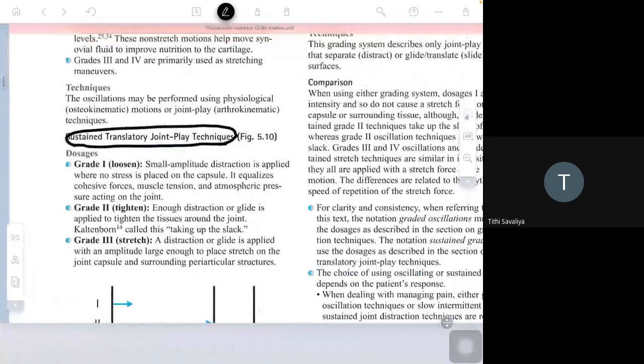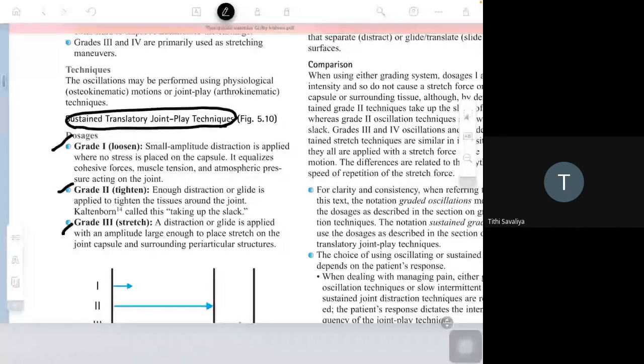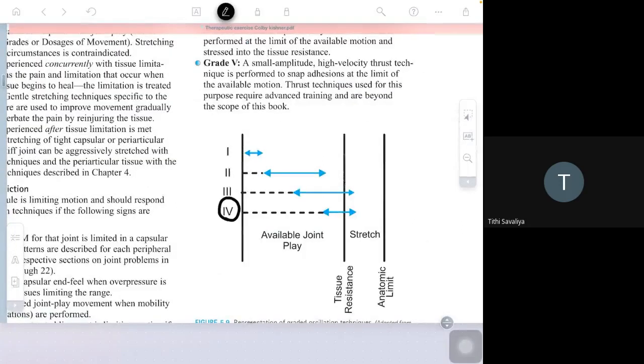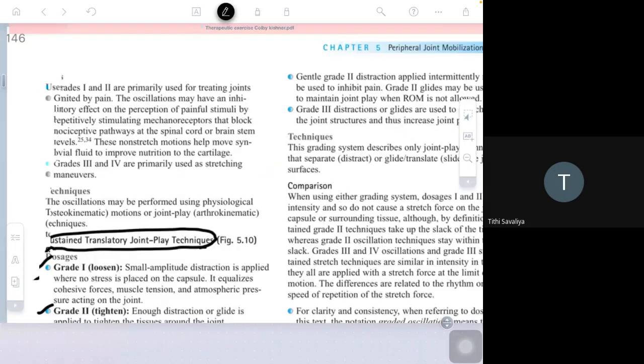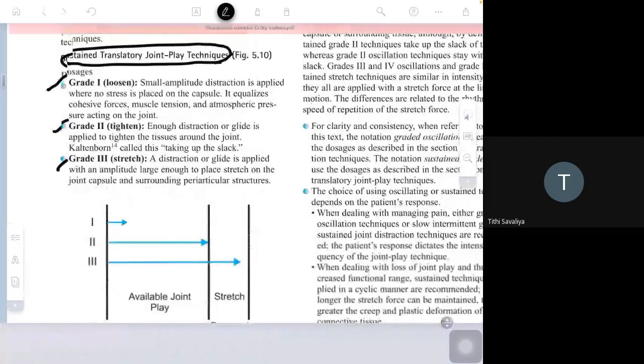So first you should know about the technique. There are three grades in sustained translatory joint play technique, and in graded oscillatory technique there are four grades. Now we are going to study the second technique, sustained translatory joint play technique.